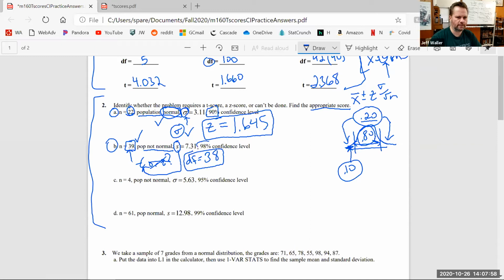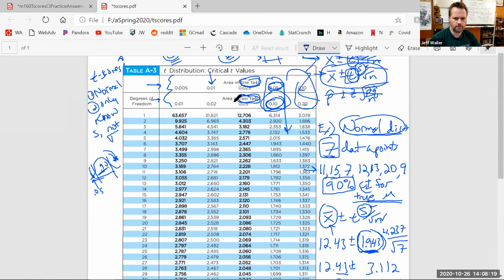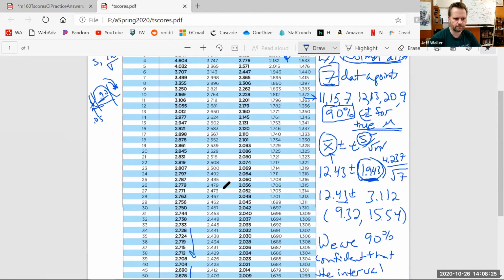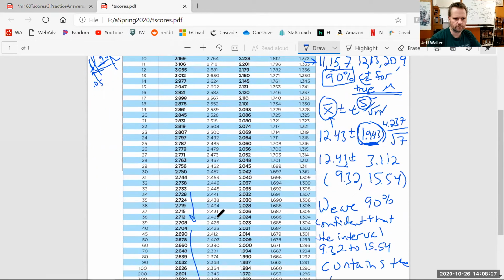I have a 98% confidence level, which means how much is in two tails? 0.02, I like it. So this tells me what column to look at, and this tells me what row to stop at. I want the 2% column, which is this one, and I want to stop right at 38.